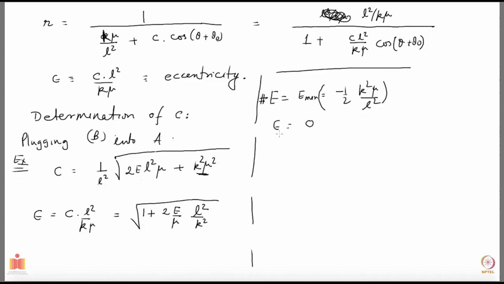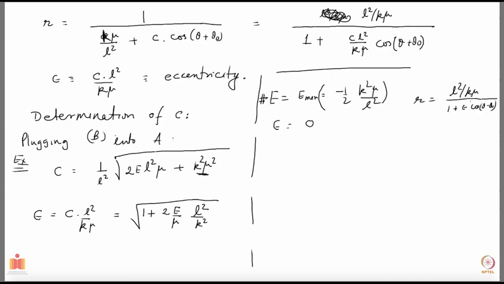Now if you put in R, you have this piece: L square over K mu over 1 plus epsilon cos of theta minus theta naught. Right? So if epsilon is 0, your R is independent of theta.